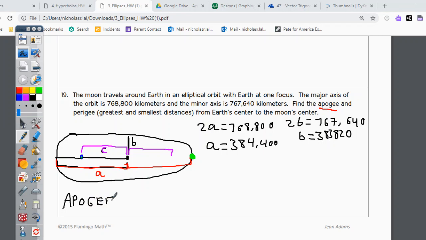Apogee is equal to C plus A. So once we plug that in, let's solve for C. C is equal to the square root of A squared minus B squared.